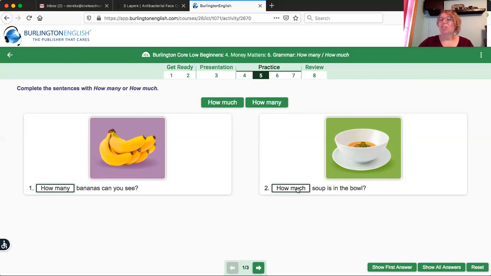Did you say how much? I hope so. Soup, no contar. I cannot count the soup. So I say how much. Let's read those two together. How many bananas can you see? How much soup is in the bowl?